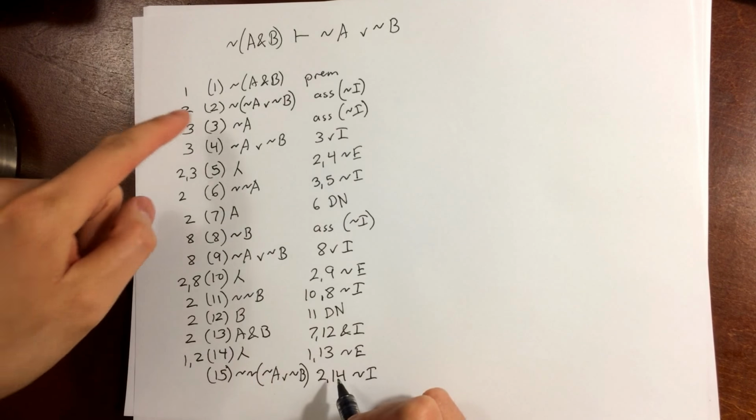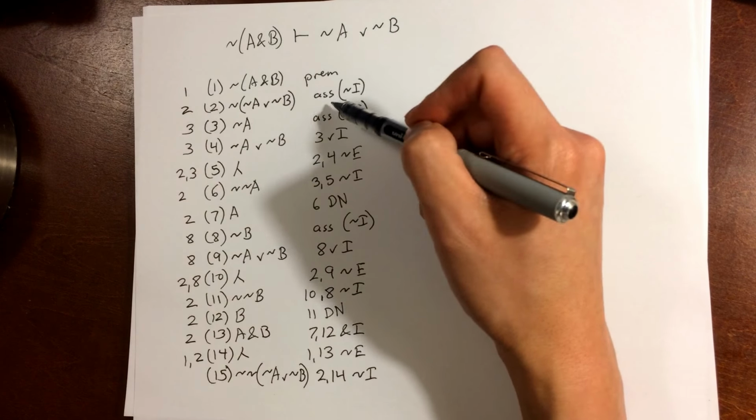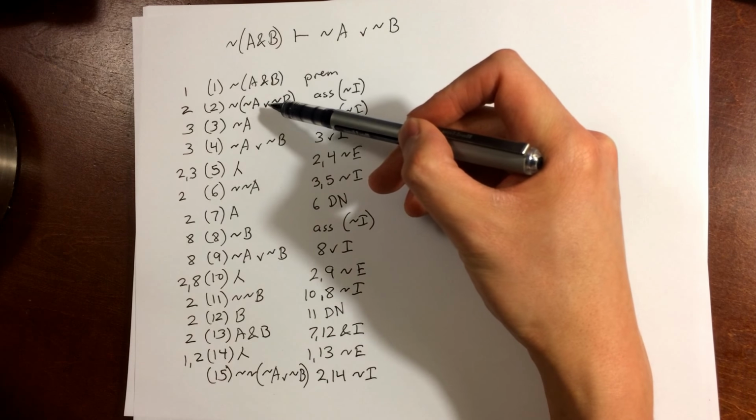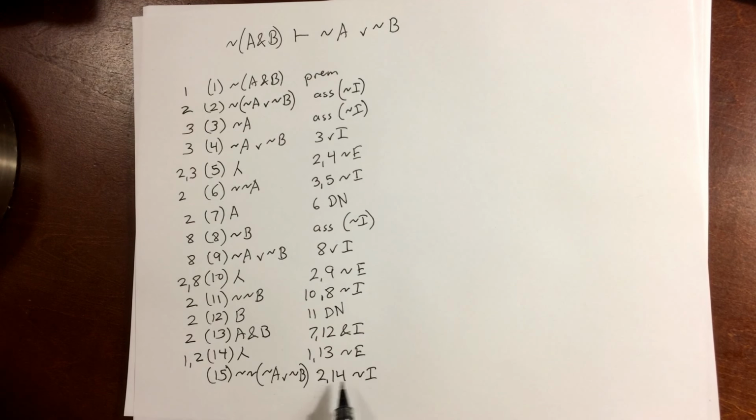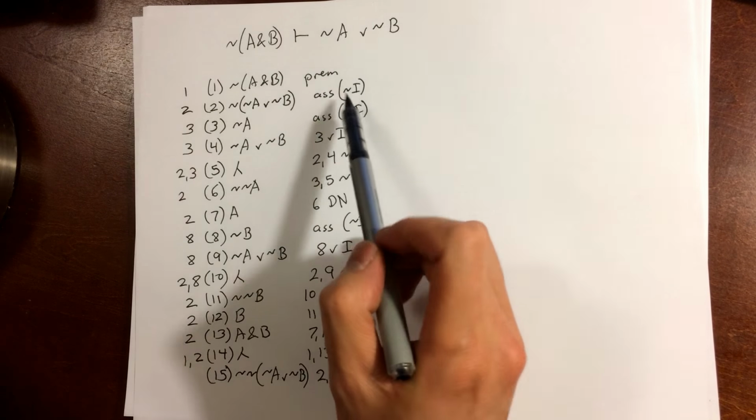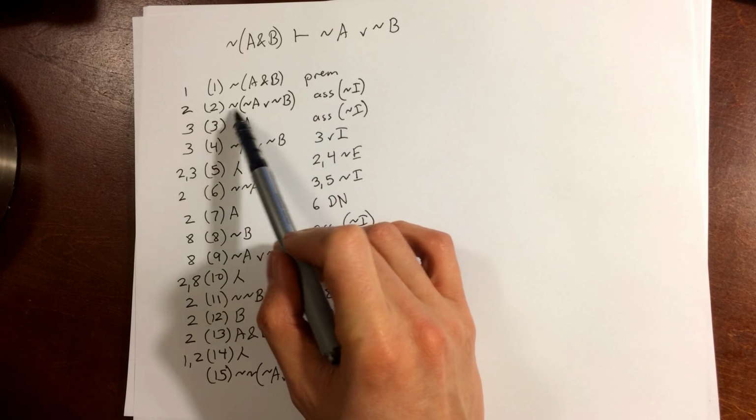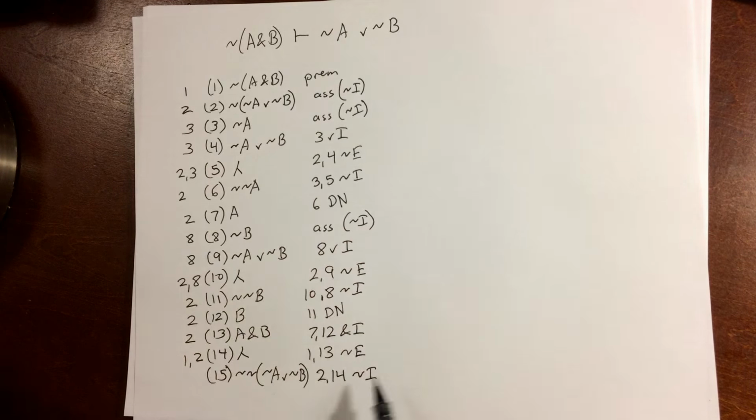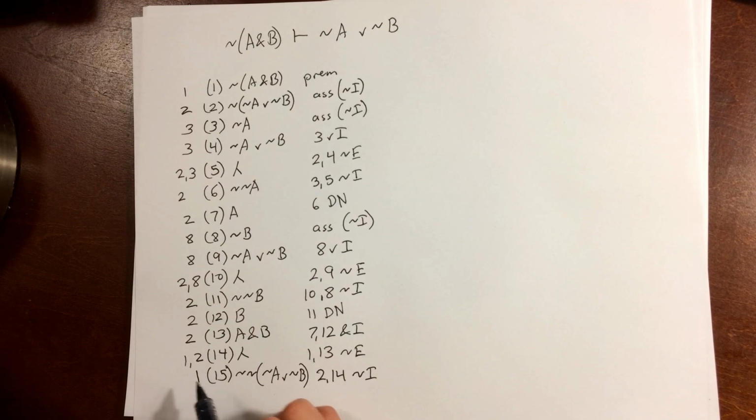And here, because we're using negation introduction with this line, we're going to discharge it because this is a discharging rule, and our note says if you use this line with negation introduction, you're going to discharge it. And so this should just come from 1.